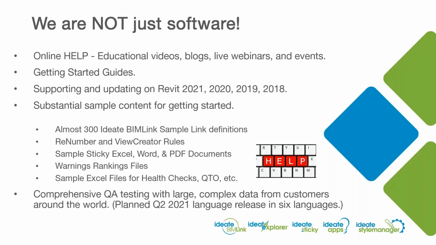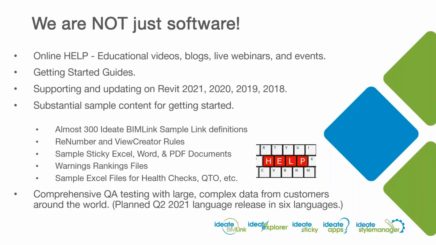We have sample documents, Word documents, Excel documents, and PDF documents when it comes to Ideate Sticky. We deliver a sample warnings ranking file with our Ideate Explorer. And we have sample workflows. As I talked about with BIMLink, we're supporting many different workflows, and we have sample files for health checks, for quantity takeoff, and others.